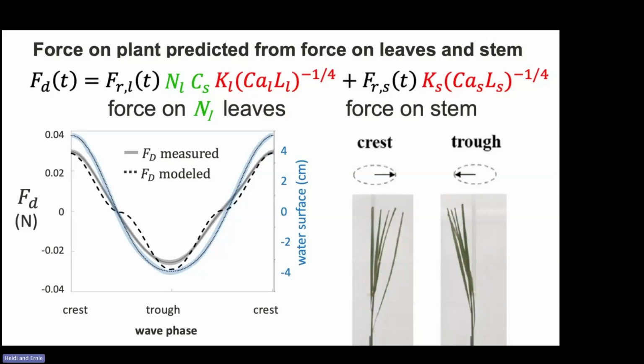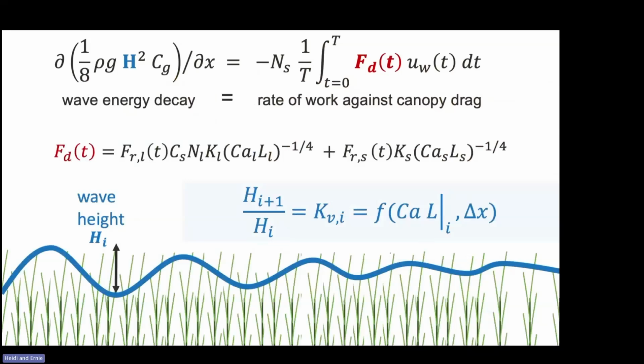So now that we have a prediction of the force on the plant, we can use that to predict the wave dissipation. So the rate of wave energy decay is equal to the rate of work done against the canopy drag.